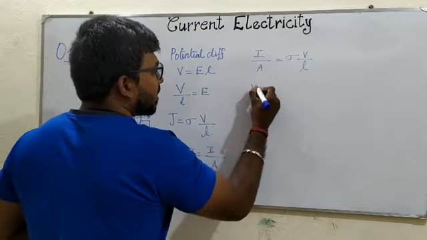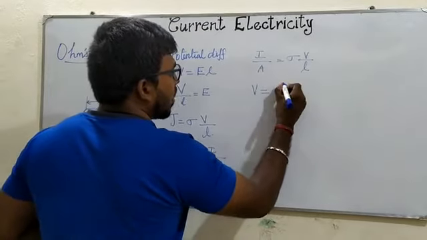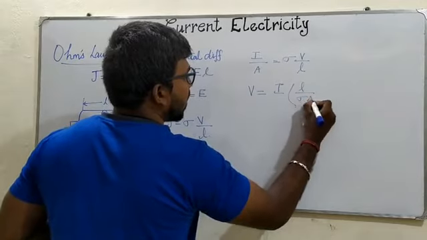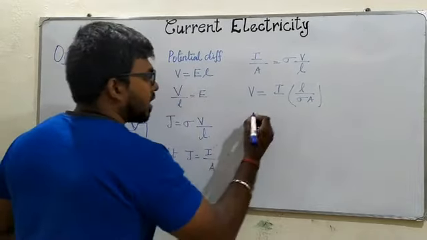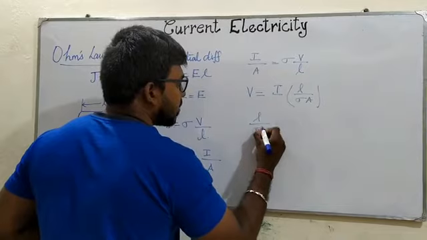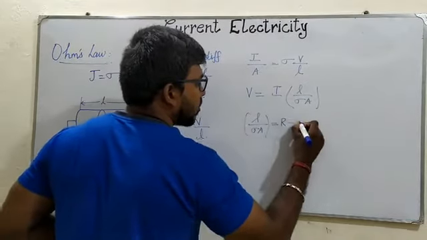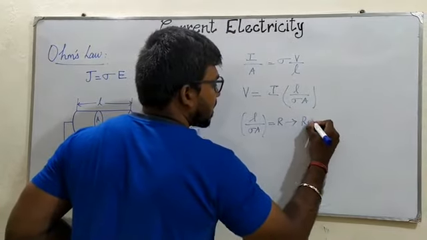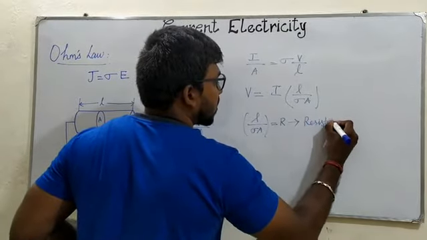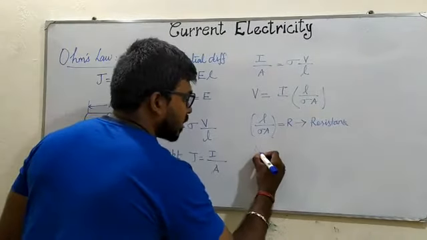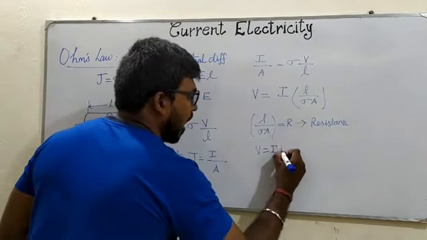So we can write V equal to I into L by sigma A, where L by sigma A is equal to R, which is known as the resistance of the wire. So we can write this as V equal to IR.